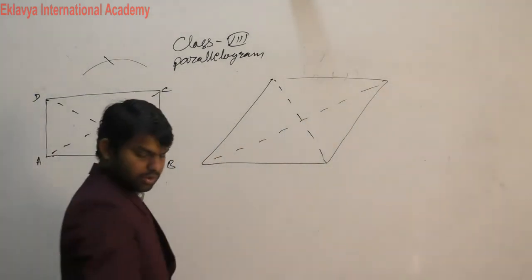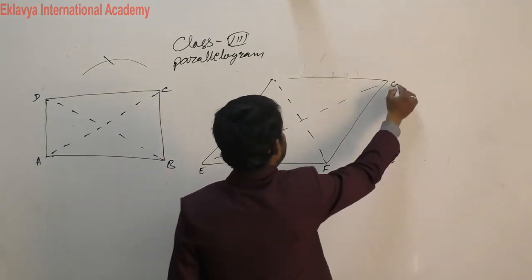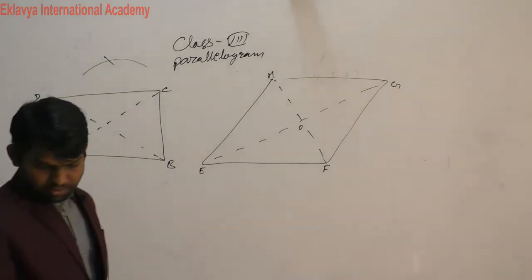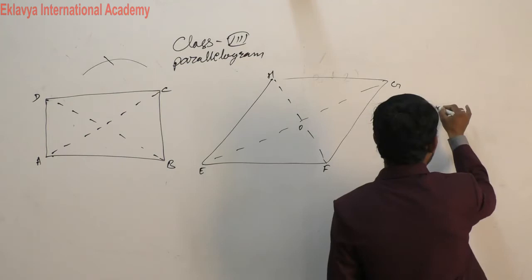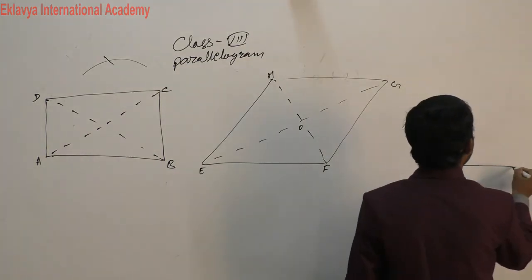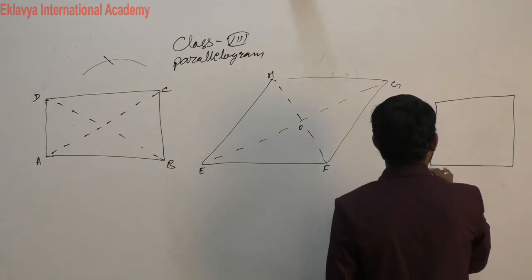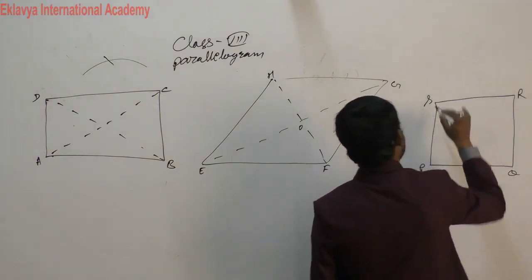Name of the parallelogram is EFGH, O. Third one is a square, PQRS.